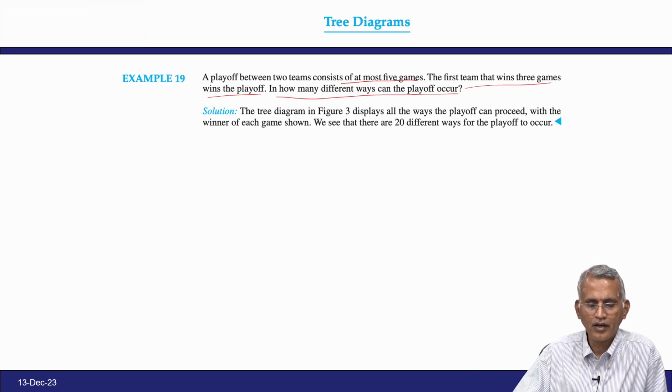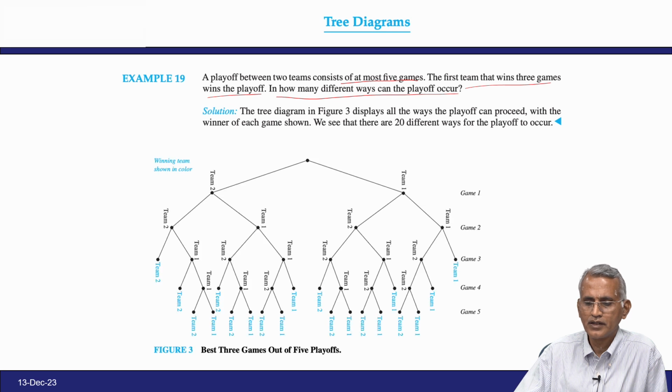Now, according to the tree diagram, we have to display how the playoff can proceed, with the winner of each game shown.